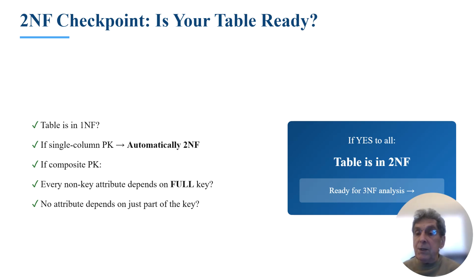If any attribute depends on only part of the key, you have a partial dependency. Decompose the table. Move that attribute to a new table where it depends on the full key of that new table. When all non-key attributes depend on the complete primary key, you're in second normal form and ready for third normal form analysis.